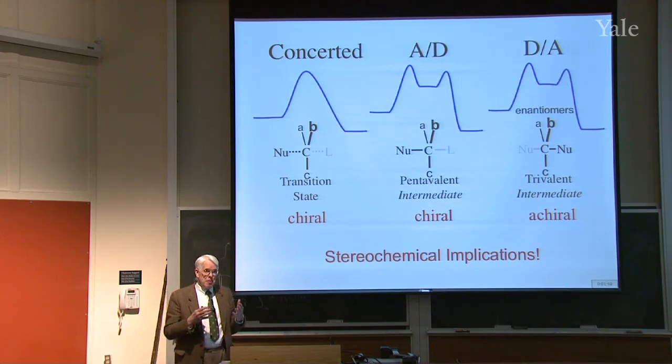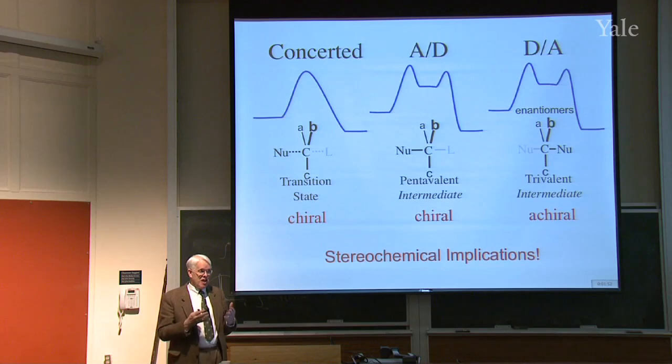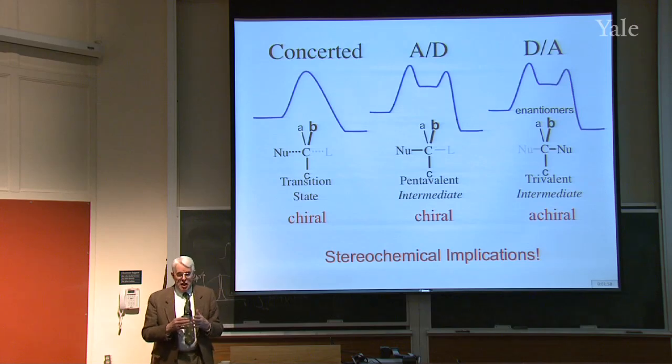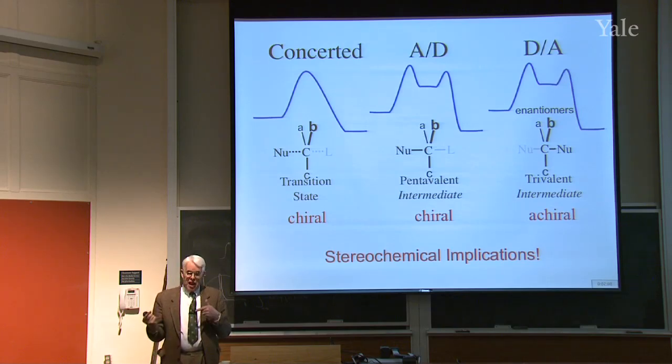So the stereochemical consequences, the stereochemistry of the product, whether it's inverted from the starting material or whether it's racemic, you attack both sides, will tell you something about the mechanism.